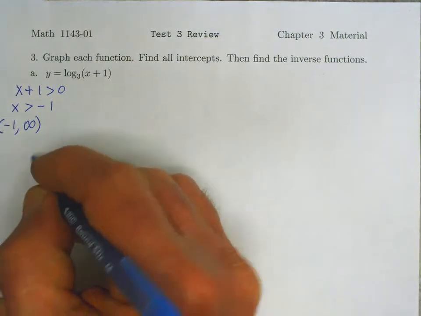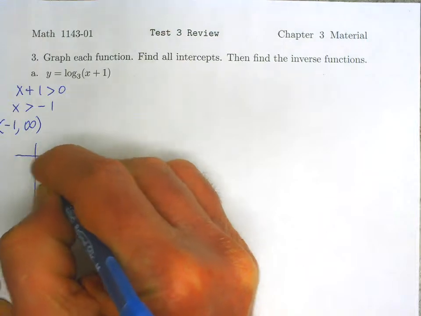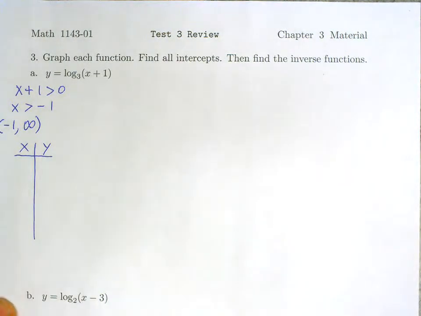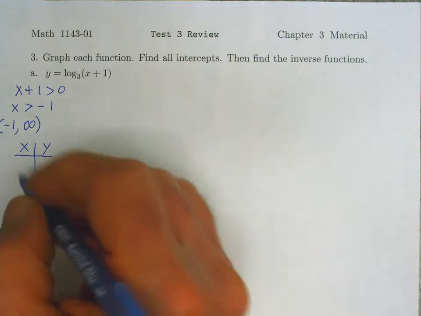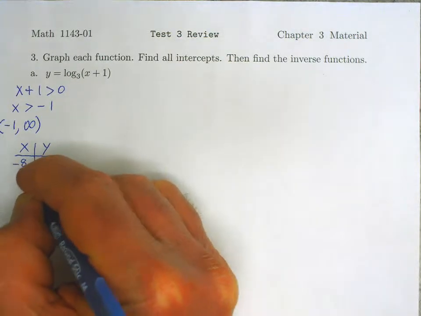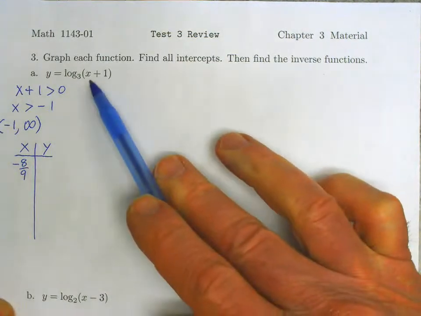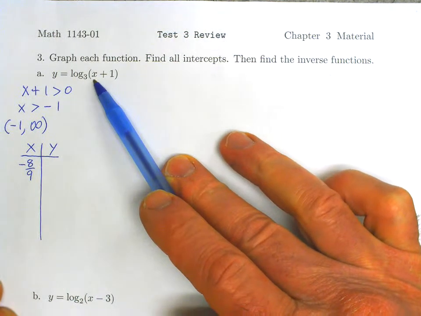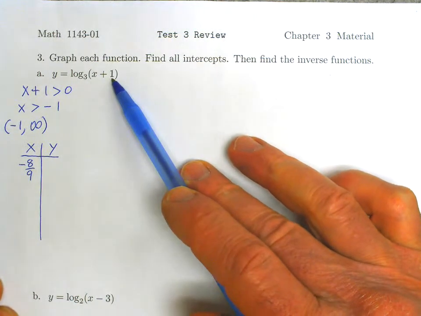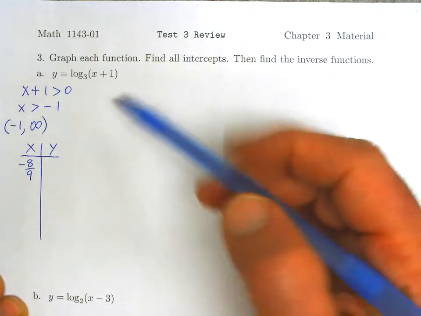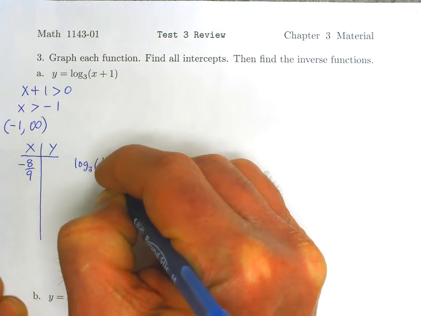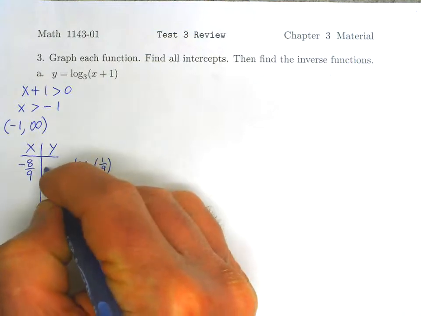But if I pick a few x values strategically, if I pick x to be -8/9, then replace x in the function with -8/9. -8/9 plus 1 is 1/9, and log base 3 of 1/9 is equal to -2.